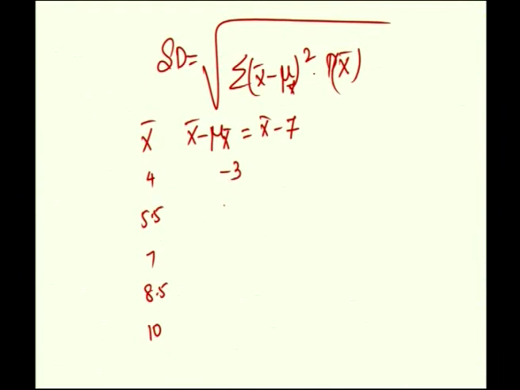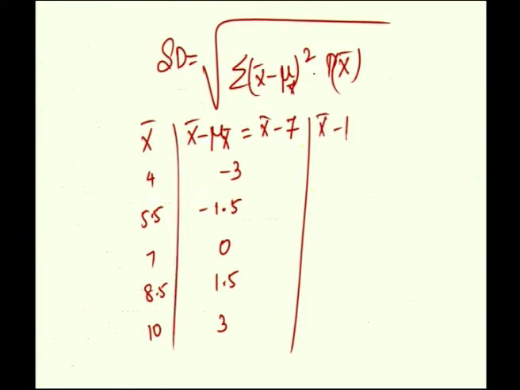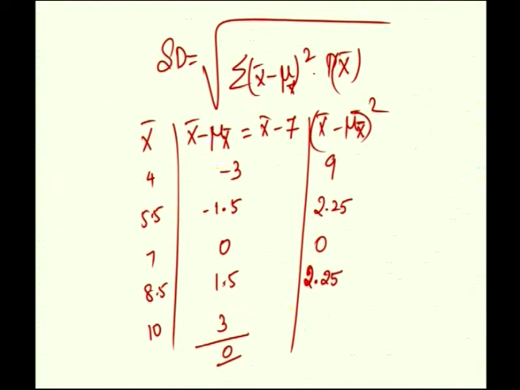So, minus 3, and 5.5 minus 7 is minus 1.5, then 0, 1.5, then 3. Then its square, x bar minus mu x bar whole square: 3 square is 9 and 1.5 square is 2.25, then 0, then 2.25. Actually your x bar minus 7 total should be 0, then only your calculation of x bar minus mu x bar square will be correct. So, 1.5 square is 2.25 and here it is 9.